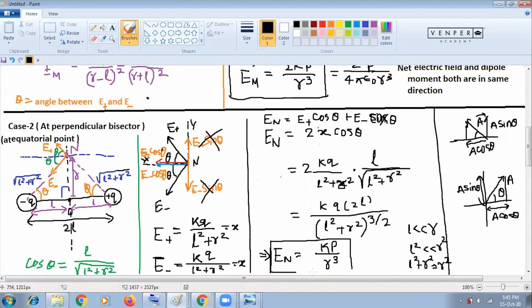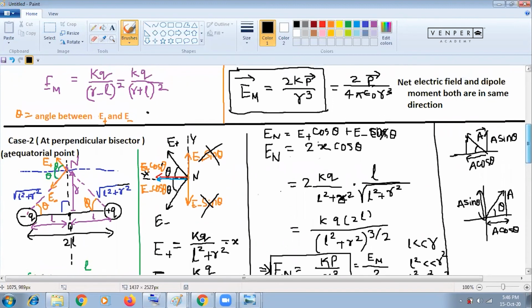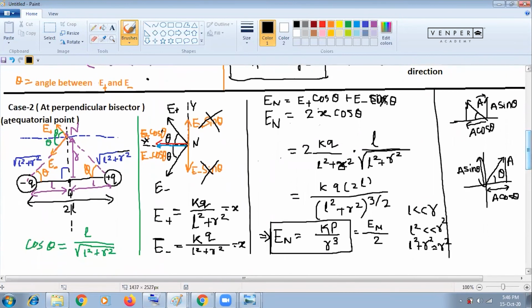So this you have to remember. That is nothing but electric field at M by 2, whatever you got on the axis, that by 2 is coming at the perpendicular bisector point. I hope you are understanding, everyone. And EM we have already calculated above. Yes or no? So please write this.